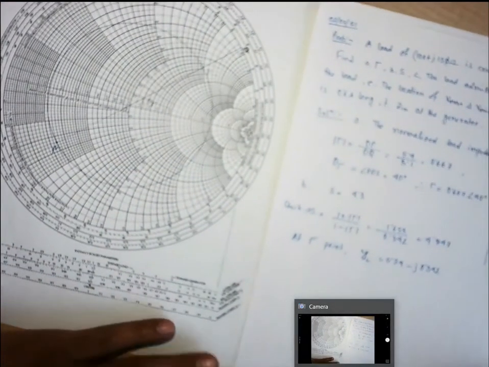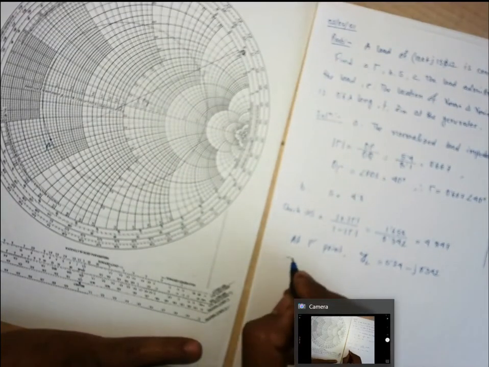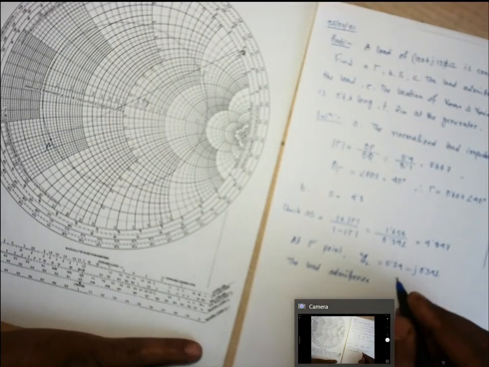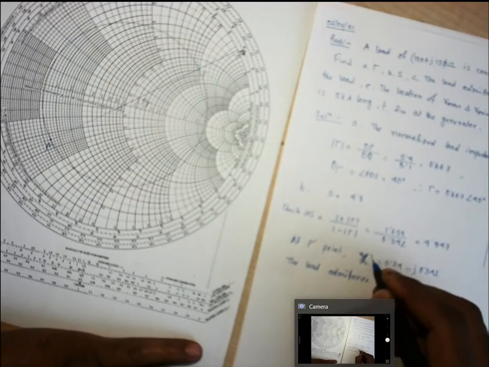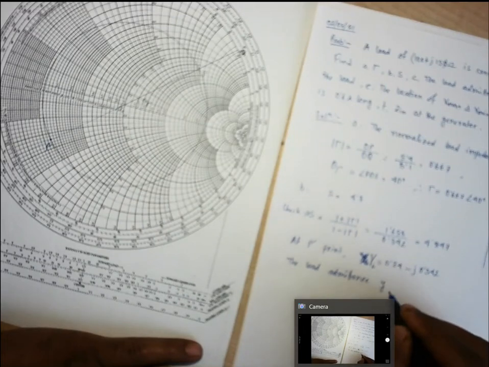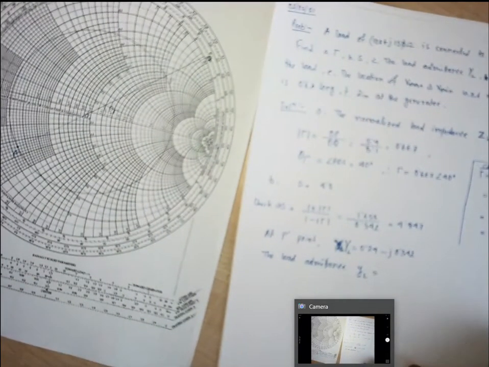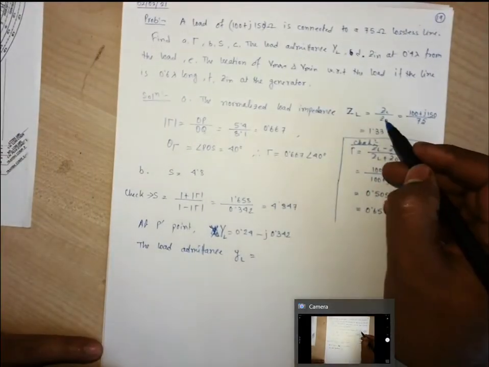So we need to find out the exact value of the load admittance. YL is equal to Y naught into the normalized YL, since we need to multiply with the characteristic admittance.